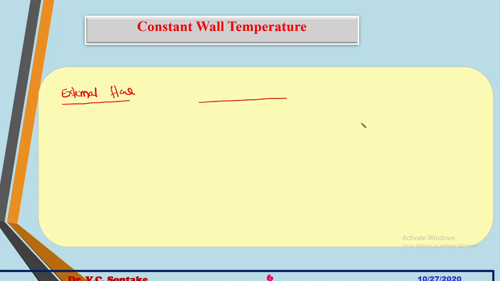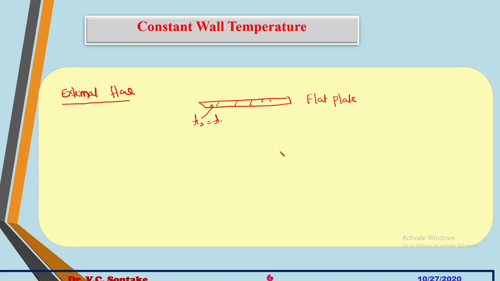If a fluid is flowing over a flat plate and it is saying the constant wall temperature boundary condition is applicable, that means its surface temperature will be given clearly.